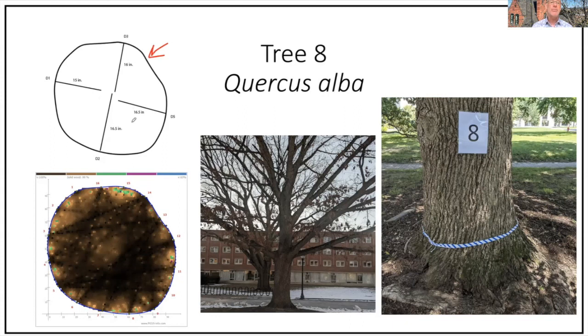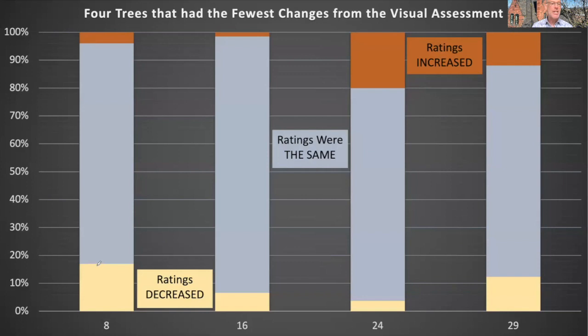You can see solid wood all the way through, and the tomogram, same thing. So solid wood is 99%. So most of the ratings did not change for tree 8. Some of them decreased from the visual assessment, a small percentage of them increased, but most didn't change with any of the subsequent assessments.